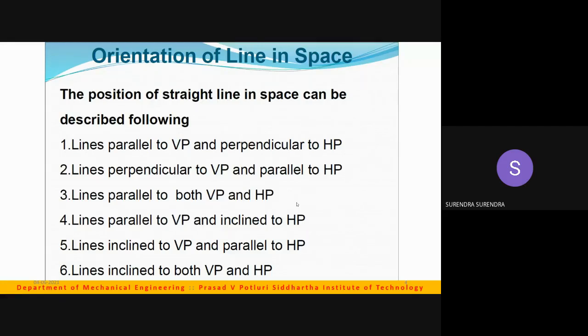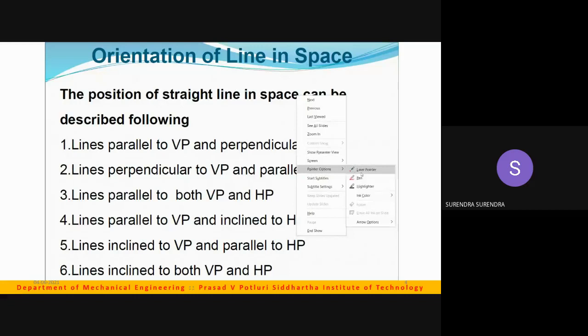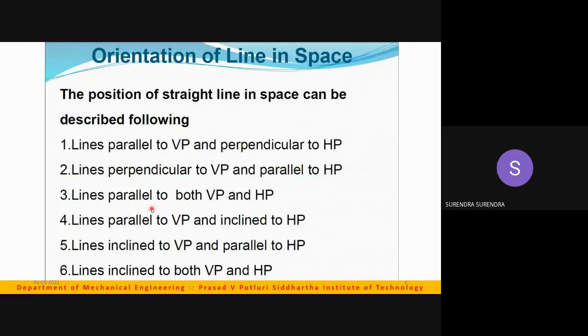Line perpendicular to VP and parallel to HP. Line parallel to both VP and HP. Lines parallel to VP and inclined to HP. Lines inclined to VP and parallel to HP. Lines inclined to both the planes.